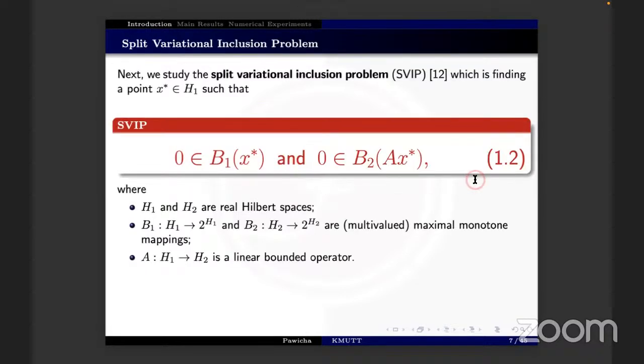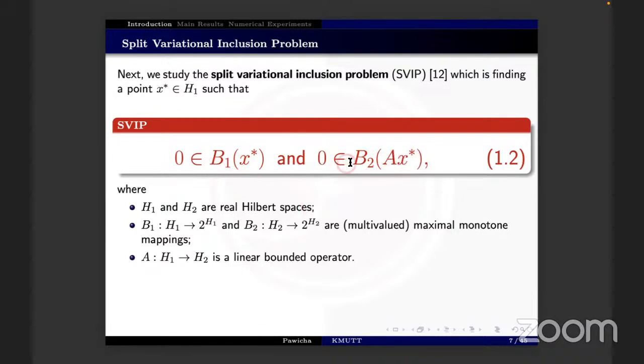Then the next problem is the split variational inclusion problem. It is the problem of finding x star in the first Hilbert space H1 such that 0 belongs to B1 of x star, and 0 belongs to B2 of A x star.